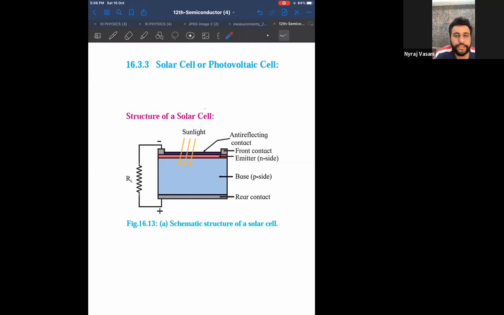Which leads to the generation of current.